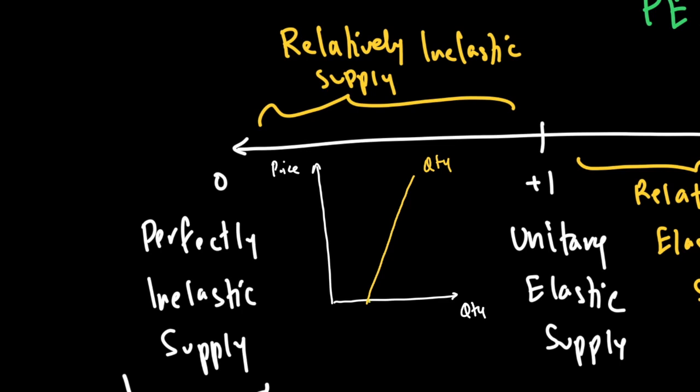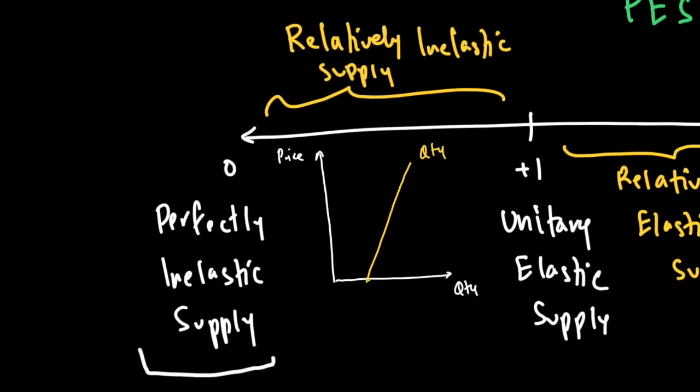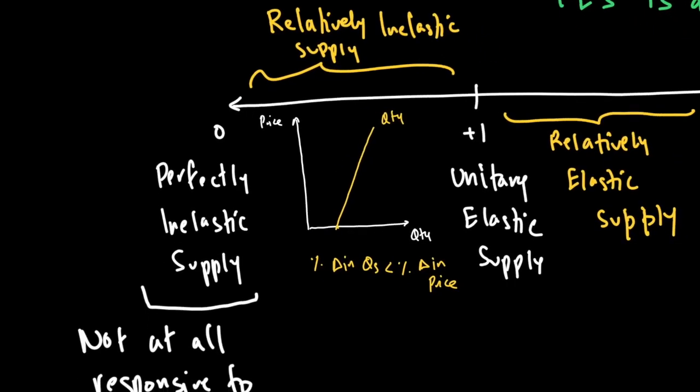That's the first feature we need to know. Number 2, in this case your percentage change in quantity supplied is less than the percentage change in price. As a result, for this kind of supply curve, PES is less than 1, but more than 0, of course.